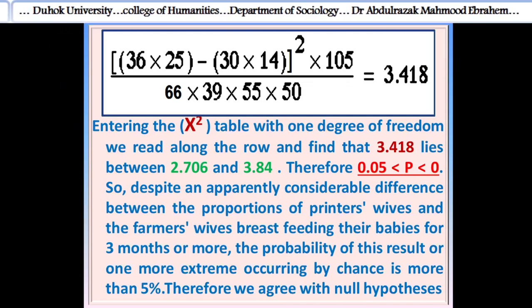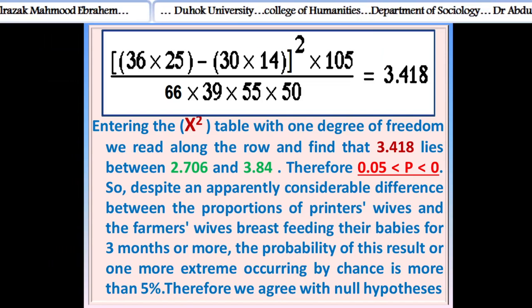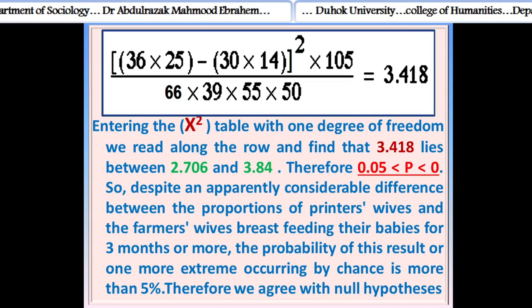So despite an apparently considerable difference between the proportions of printers' wives and farmers' wives breastfeeding their babies for 3 months or more, the probability of this result or one more extreme occurring by chance is more than 50%. Therefore we agree with the null hypothesis.